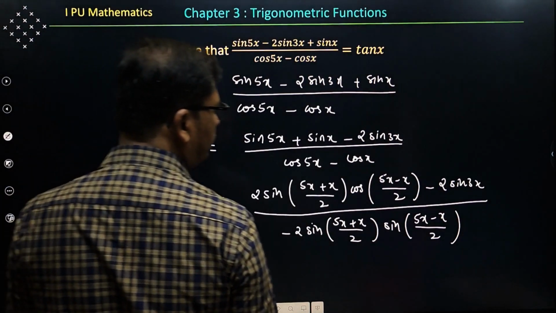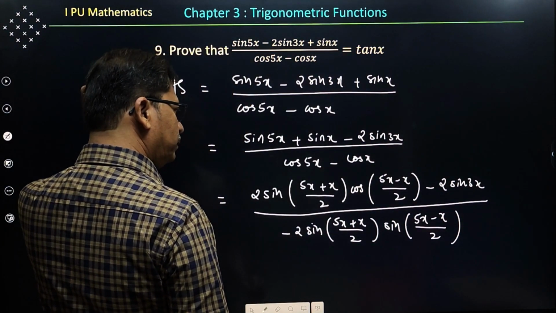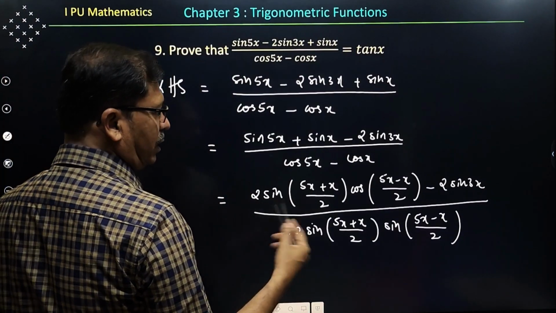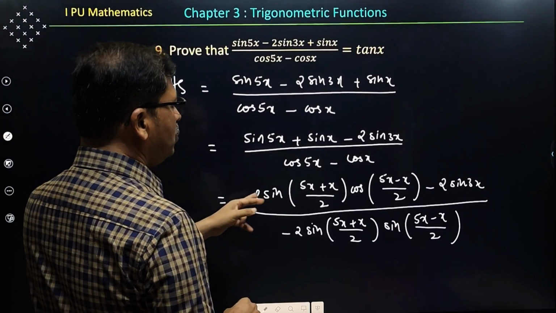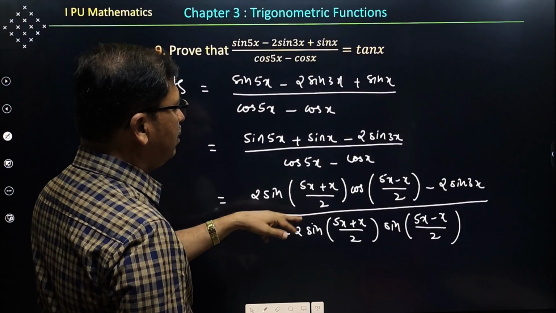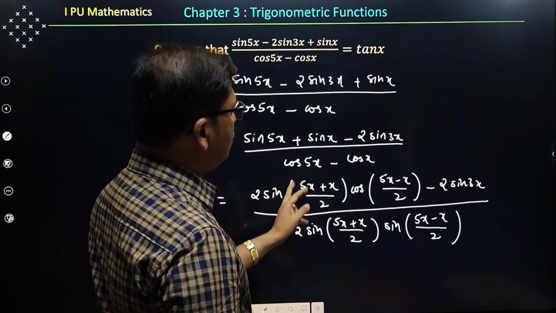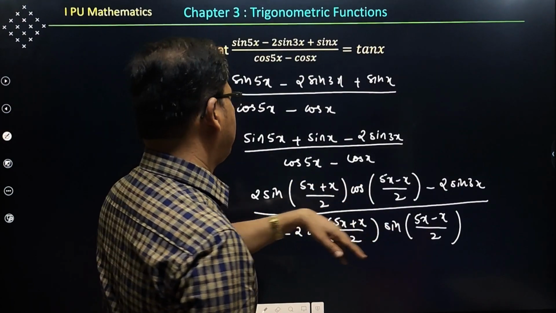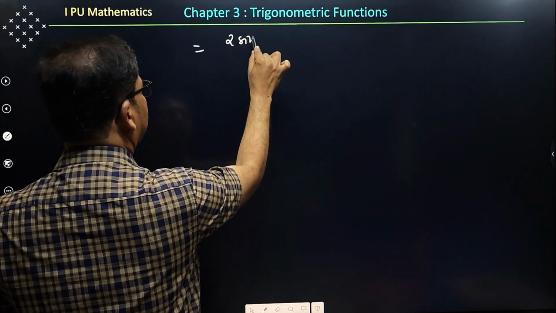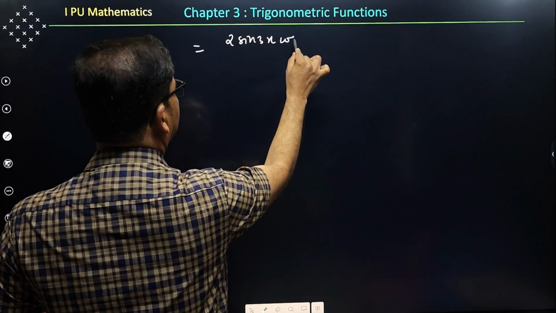Now further, what can you do? Nothing, just simplify here. In the next step I would like to write 2 sin, it is 6x by 2, that is 2 sin 3x into cos 2x here.